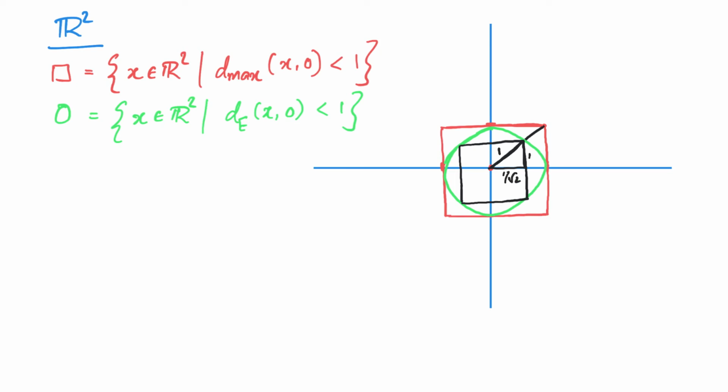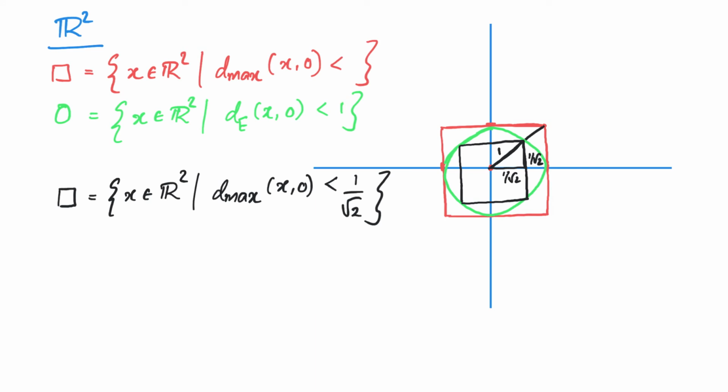Therefore, their dimensions should be 1 by root 2 each. Thus, the points on the black square are at a distance 1 by root 2 from origin. In other words, the interior of the black square contains all those points in R2 whose max distance to origin is less than 1 by square root of 2.